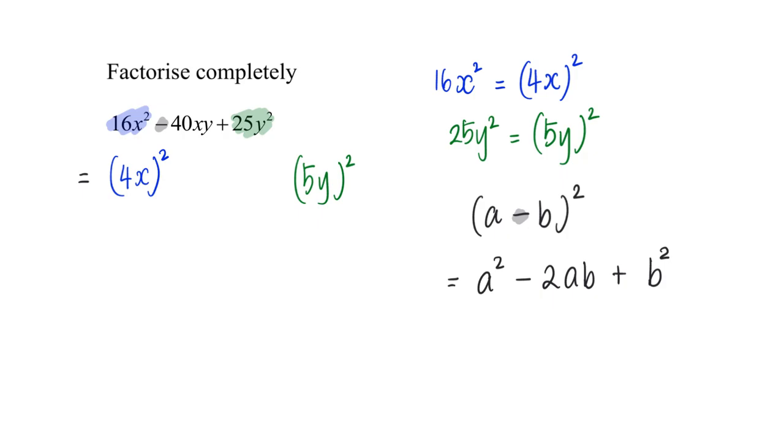So from here, I can actually see my a already and my b, right? That means in the middle, I just need to have a minus 2 times my a and my b, which is 4x, 5y.